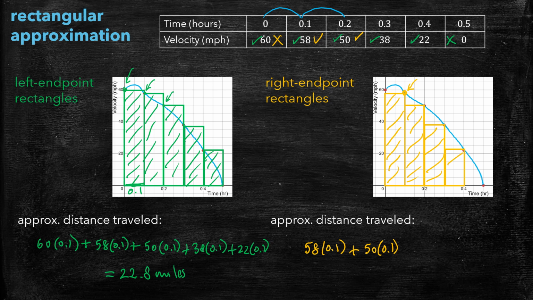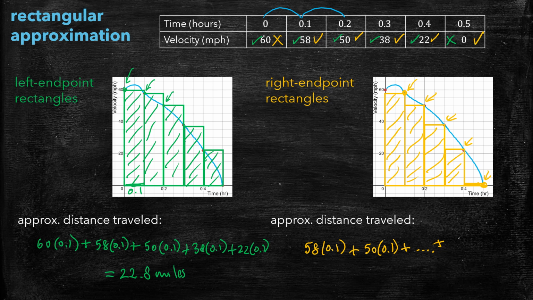And just to save us a little calculation, here are the other ones. All right, so I'm going to put plus... You can fill those in. So we're going to use the 38, we're going to use the 22, and this time we do have a rectangle. It's really hard to see, but the very last rectangle actually has a height of 0, right? Because all the upper right endpoints have to lie on the curve.